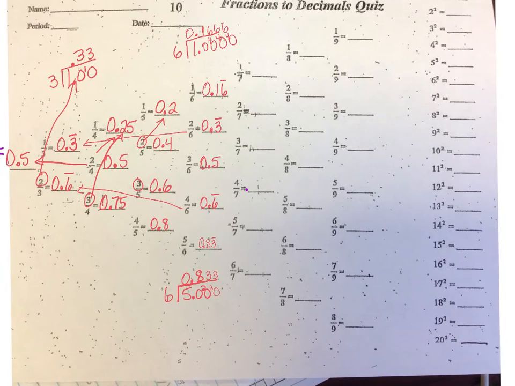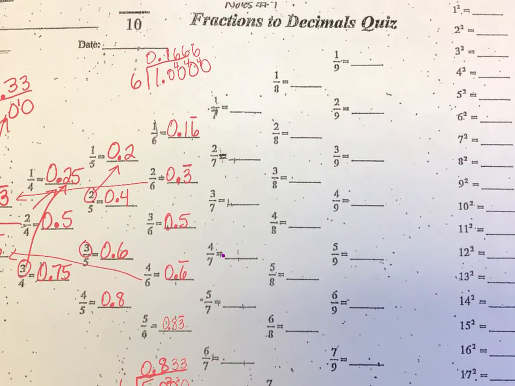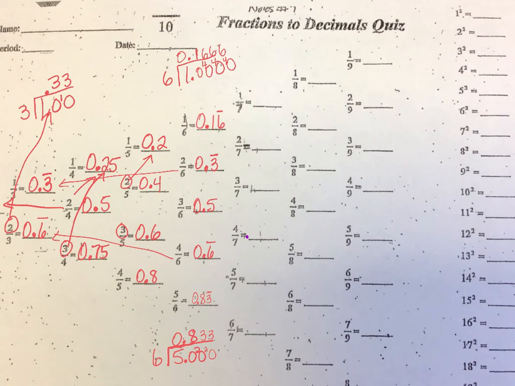Okay? I'm going to jump over to 1/8. Isn't 1/8 half of a fourth? Take 0.25 and divide it by 2. Well, think of it as 0.250.